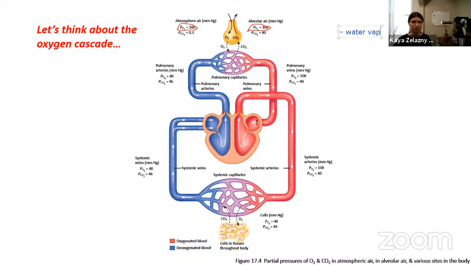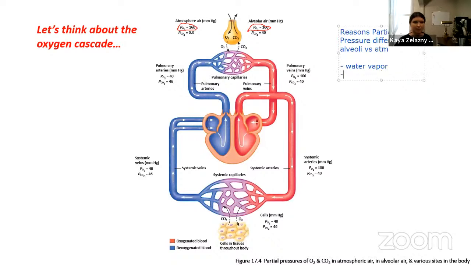Maybe I'll put a title on this: reasons partial pressure differs in alveoli versus the atmosphere. So we have water vapor to account for. That immediately is going to lower the partial pressure of all our other gases if we add in another gas.